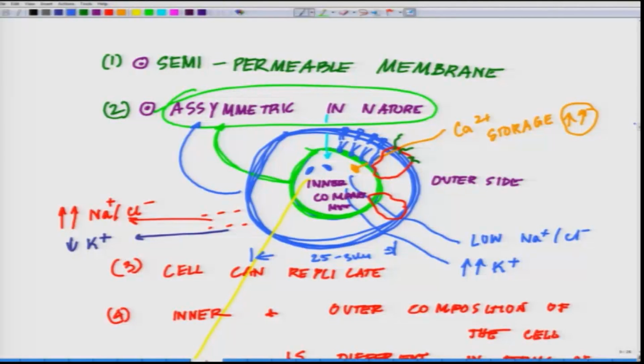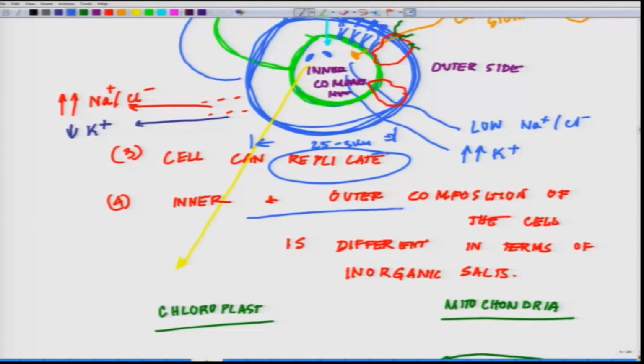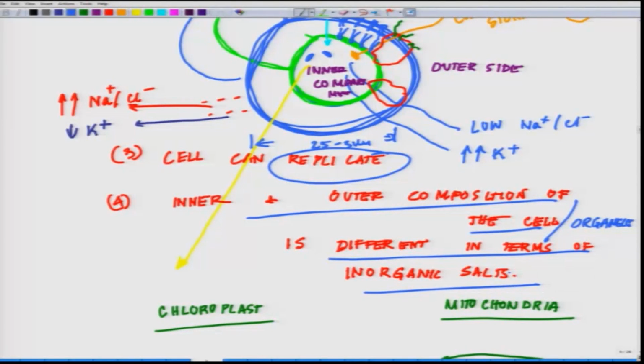They are semi-permeable, they are asymmetric in nature, and mitochondria can also replicate. The inner and outer composition of the organelle is different in terms of inorganic salt and in terms of proteins. So, you see one interesting thing.